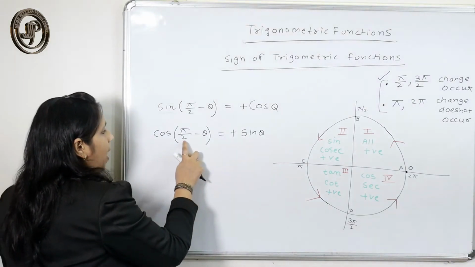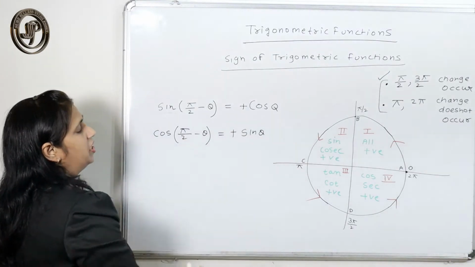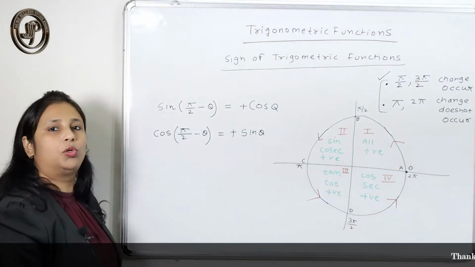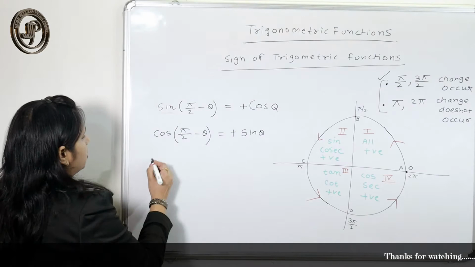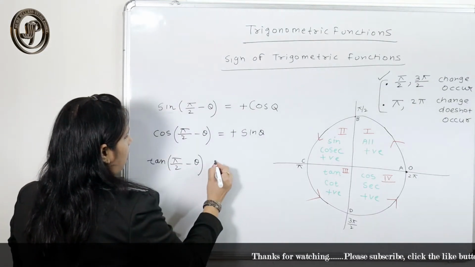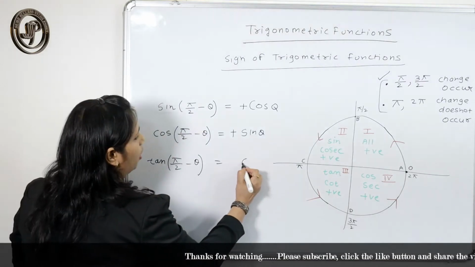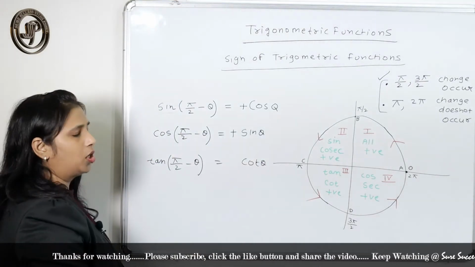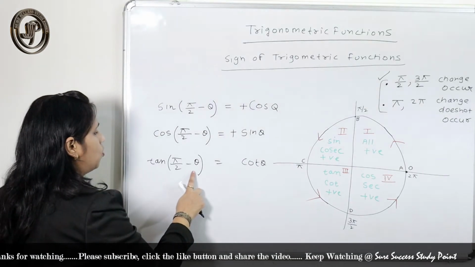But since pi by 2 is here, it changes. So whenever there is pi by 2, sine is converted into cos and cos is converted into sine. Similarly, tan 90 minus theta: since it is pi by 2, tan will be converted into cot.